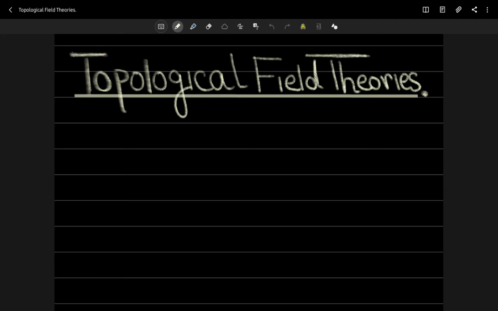So let's actually start with the question, what does it mean to be a TFT? What does it mean to be a topological field theory?